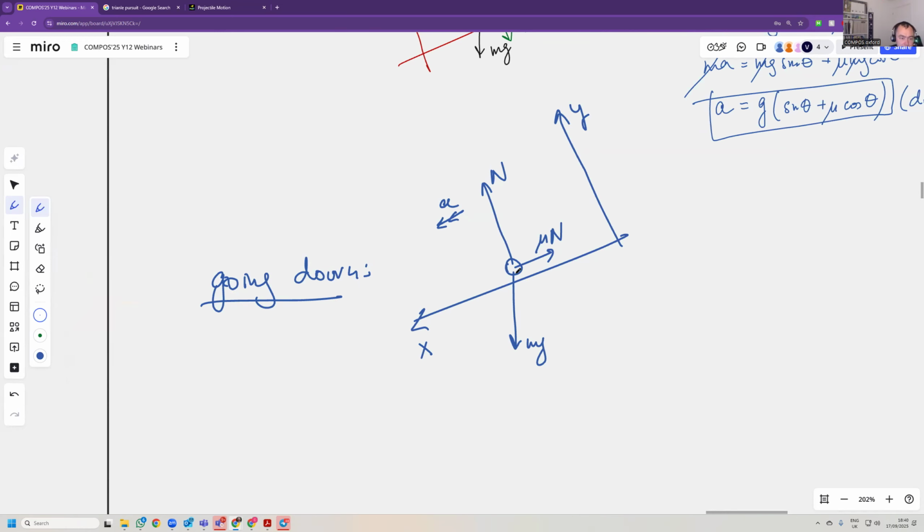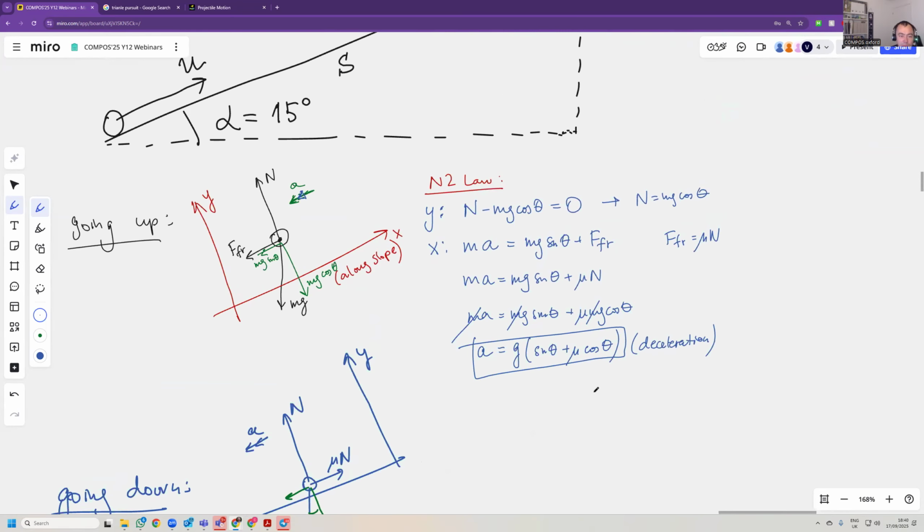All right. So now you split mg into two components, because this angle is alpha. Oh, it's not theta, it's alpha. Apologies. So that's alpha.